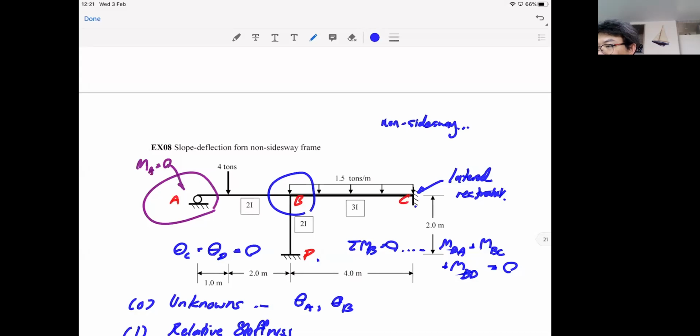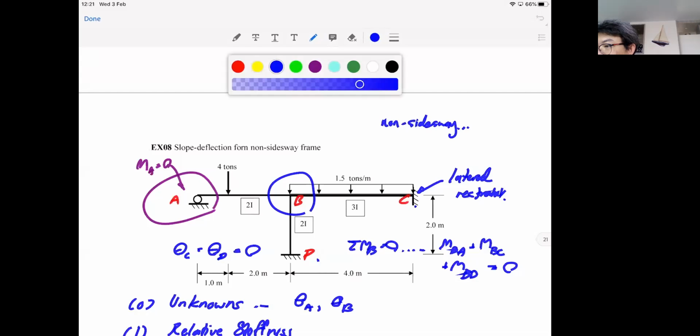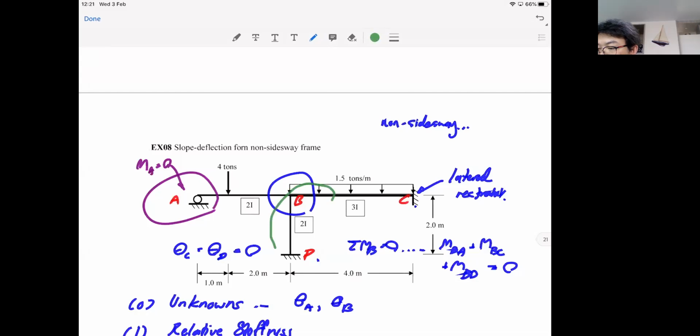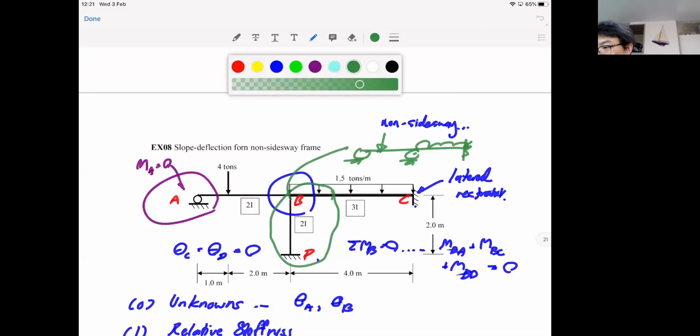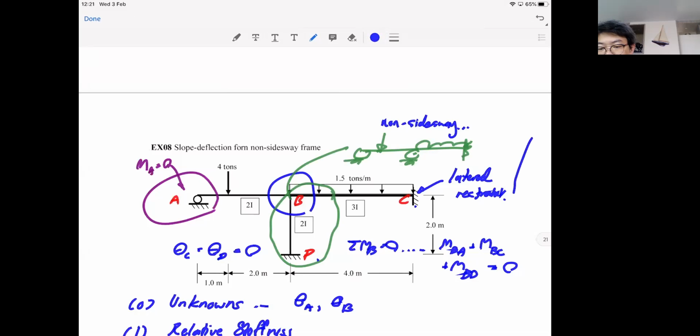So the existence of BD almost counts for nothing. You might as well analyze this structure by doing this. Right? You almost get the same result because of that.